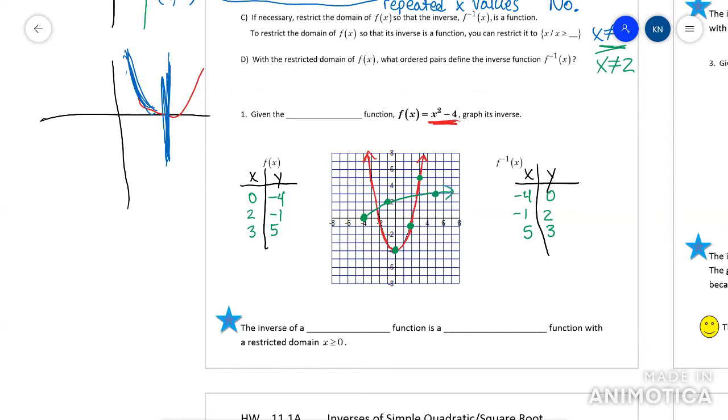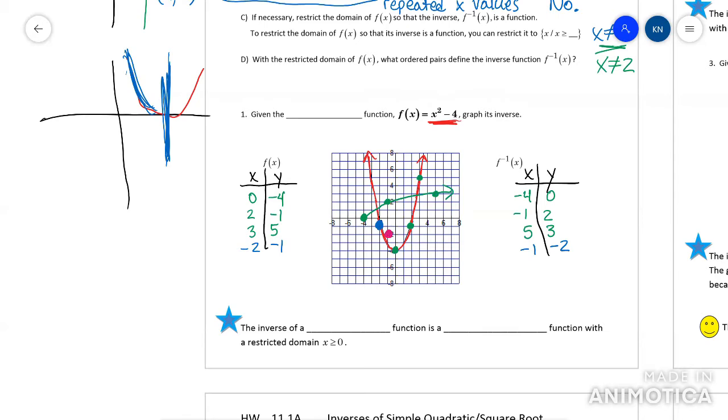Now, here's what they're talking about with the restricted domain. Let's say, for example, I used this blue dot here at -2, -1. When I switch that, it's at -1, -2. I'll do it in pink here, -1, -2 here.